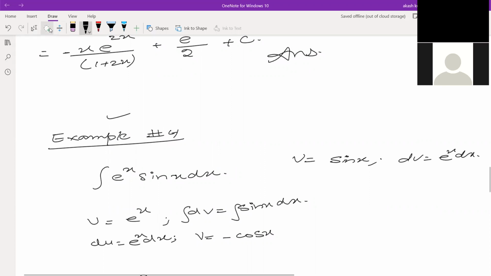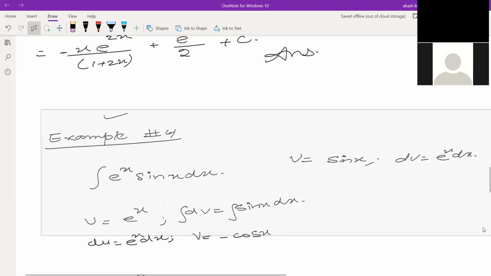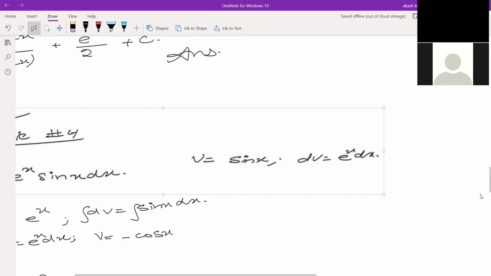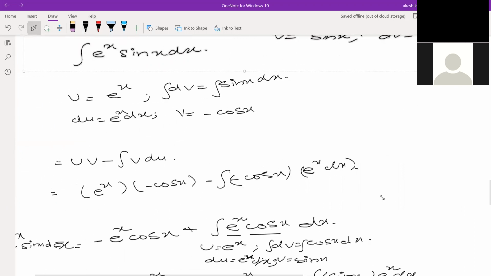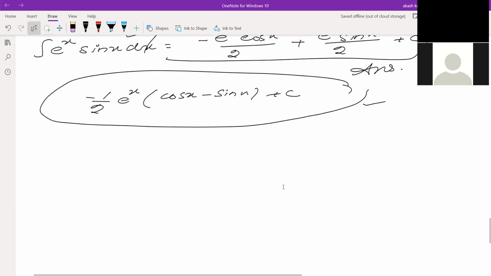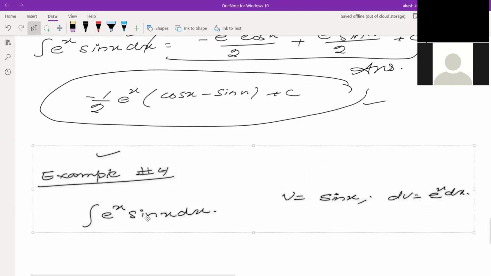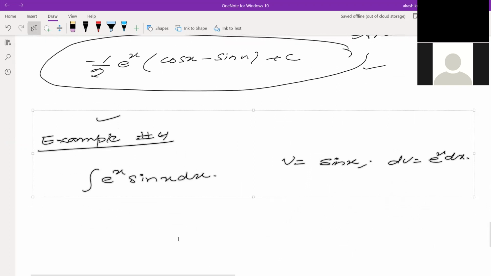This is the same question I asked you about earlier, right? Yes. Okay, so du. Okay, and then v. Okay, so du will be cosine x, right? Yes. And then v will be e^x as it is. So then we have to use uv minus the integral of v du.